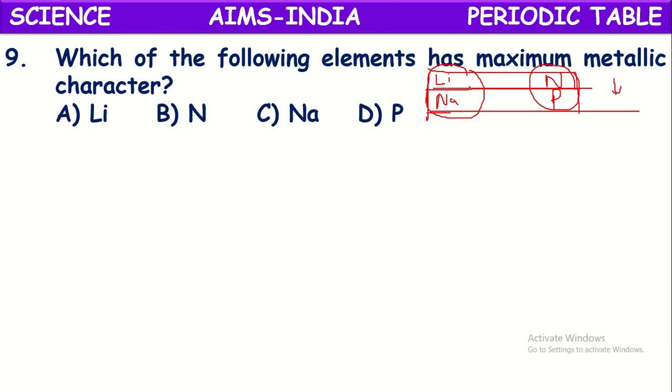So the one at the bottom will have greater metallic character. What is that? Sodium. So sodium is more metallic among these four. In that way we have to derive the relation between the elements, and hence we can identify which has the greater or lower property.